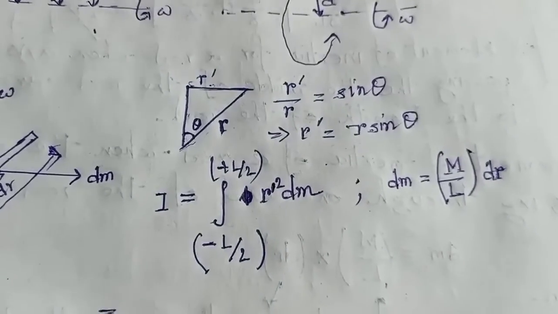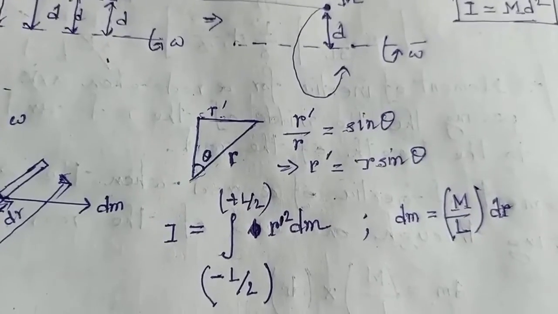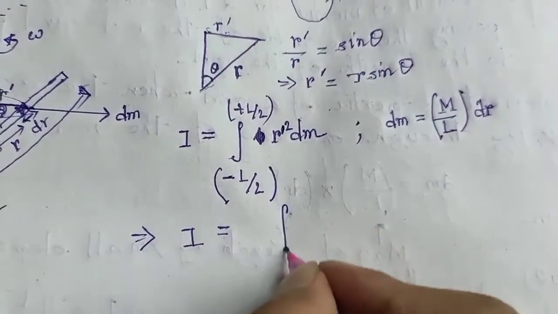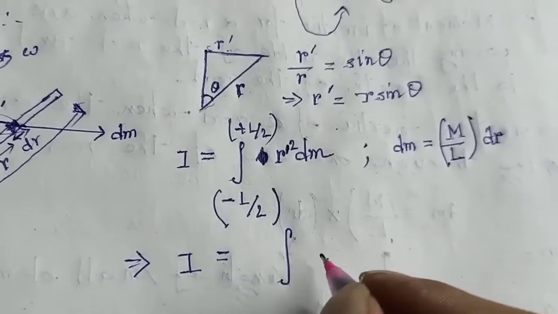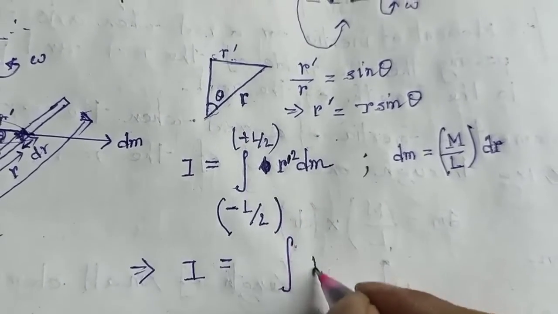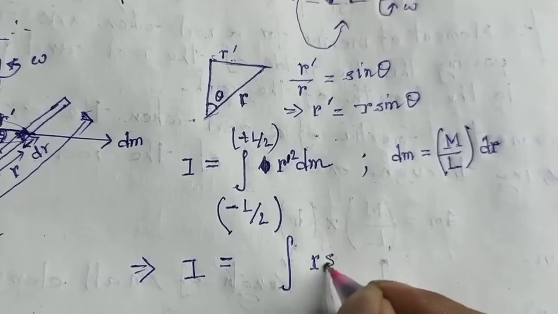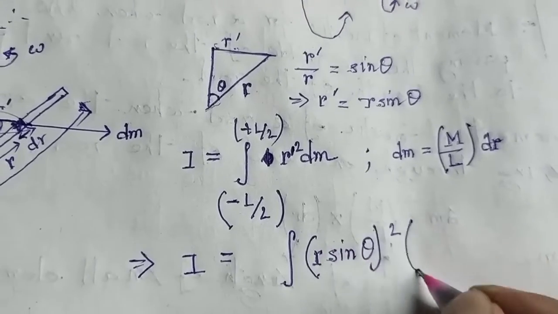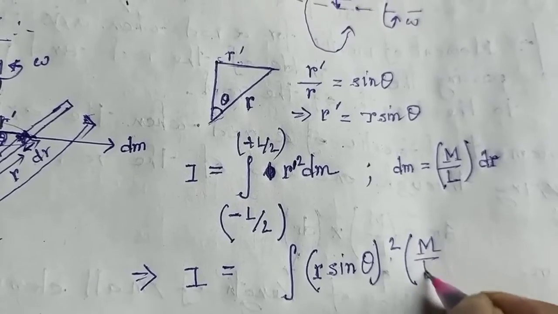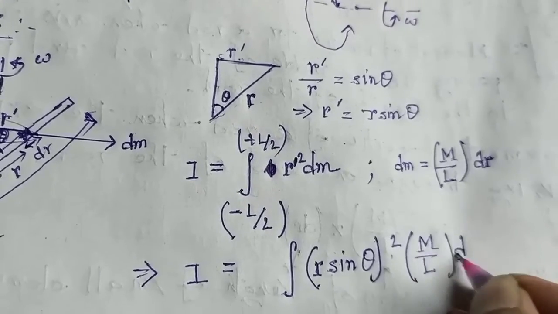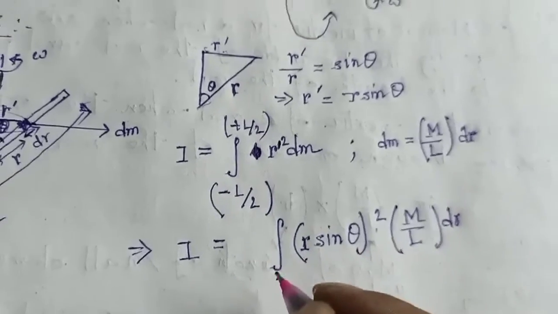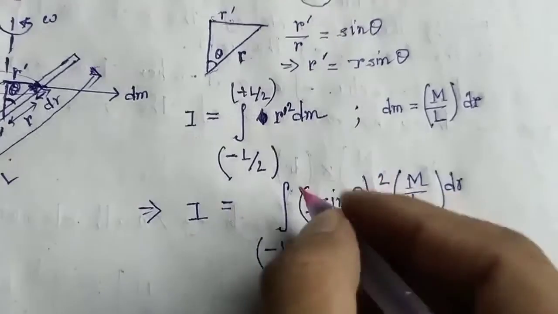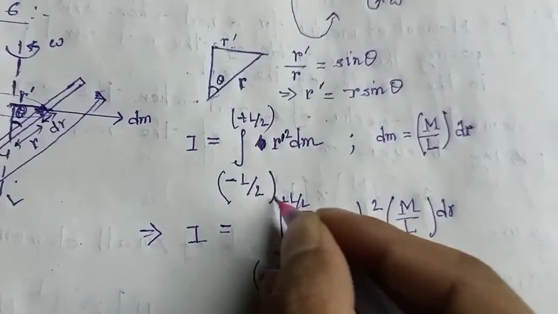So if we calculate this, I, the moment of inertia, becomes the integration of r dot square, and r dot equals r sine theta, squared, multiplied by m divided by L into dr, with lower limit minus L by 2 and upper limit plus L by 2.